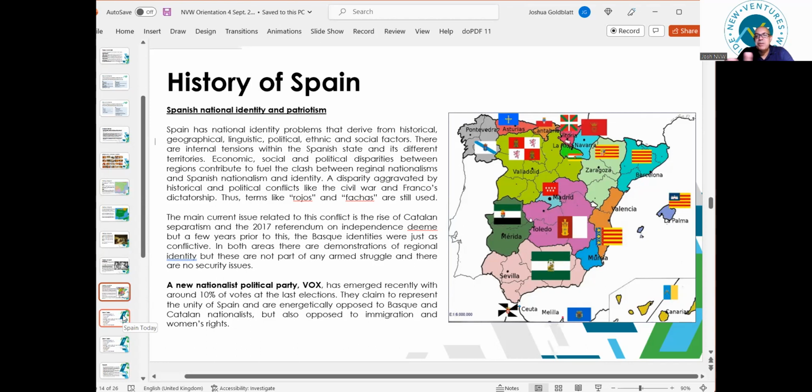So that's the history of Spain, and it is typical, obviously, that each particular region has its stereotype. Do you understand? The stereotypes are typical. So, for example, let me ask you, what do people think, for example, of people from Andalusia?